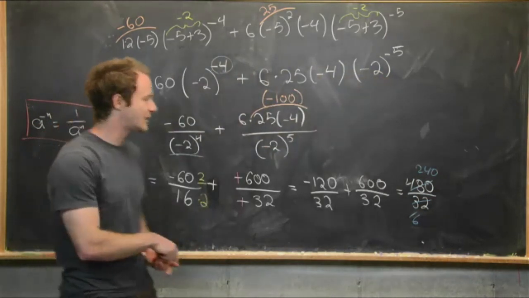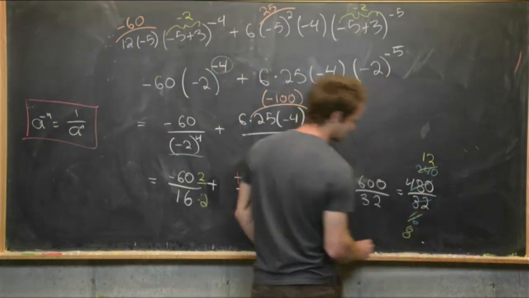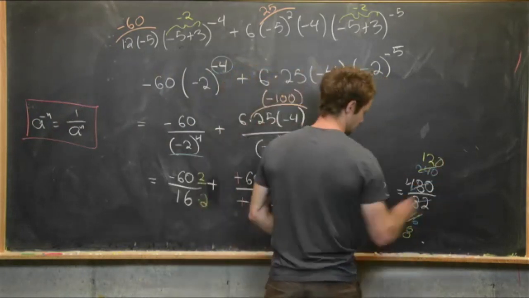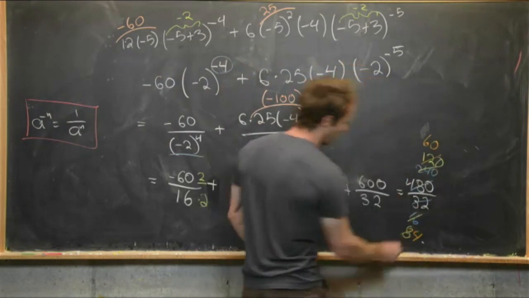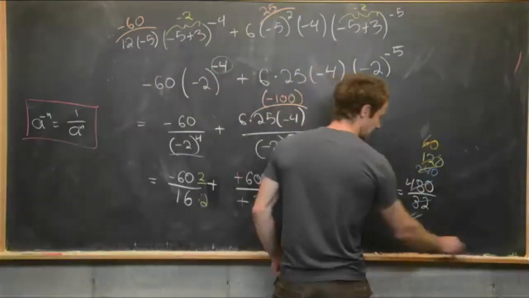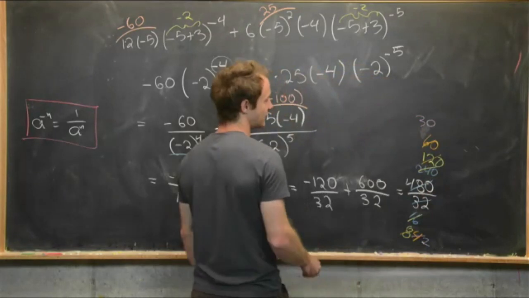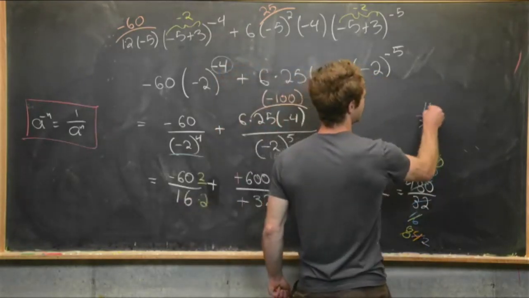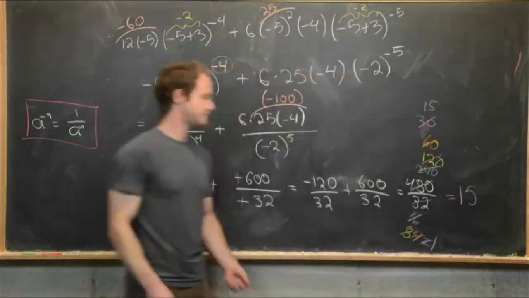But then we can keep going. If we do it again, we'll get 120 and 8. Then again, we'll get 60 and 4. Again, we'll get 30 and 2. And then finally, we'll get 15 and 1. So this is actually just 15.